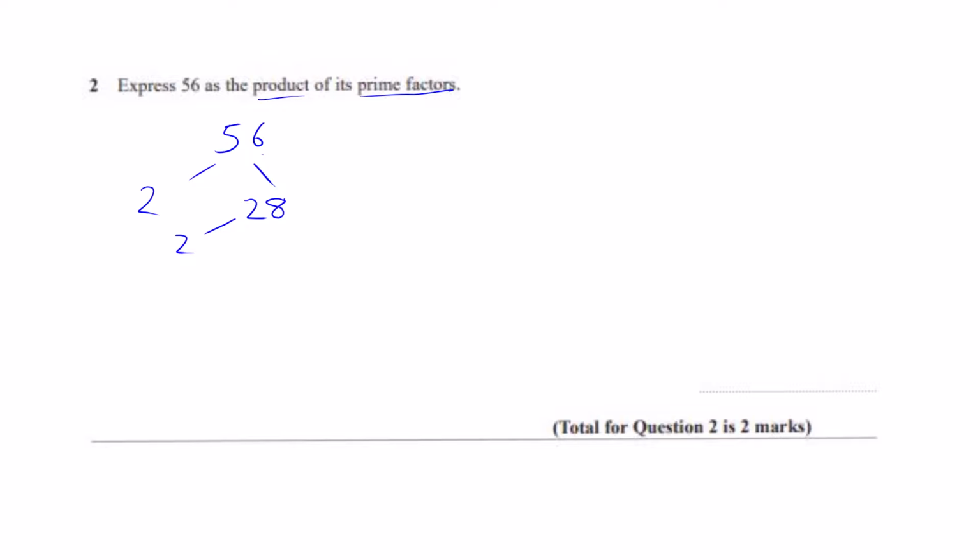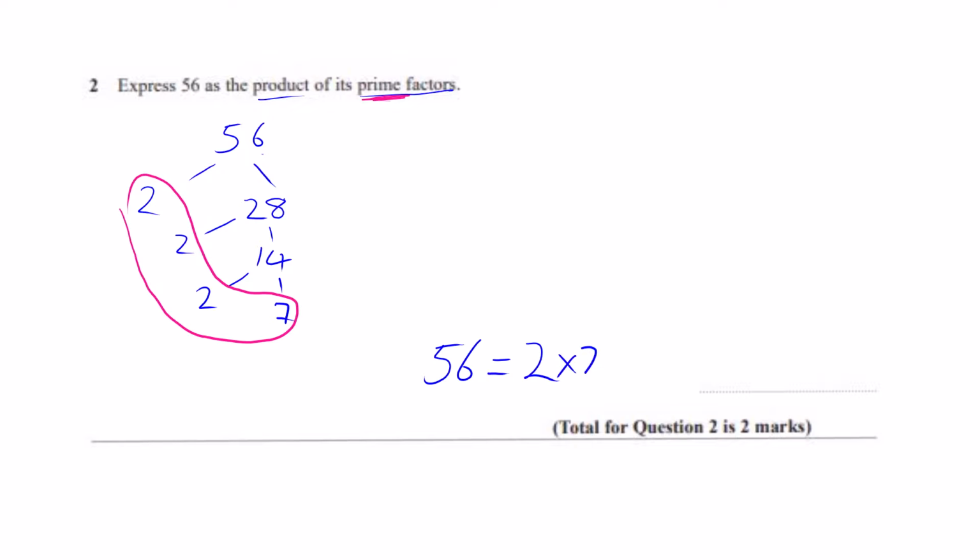Again, we can have 2, give us 14, 2 again to give us 7, and 7 is prime. So now all we have to do is have a look at our prime factors. So we can say that 56 is equal to 2 times 2 times 2 times 7. And that there is your 2 marks.